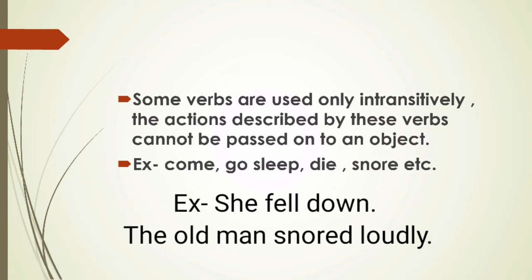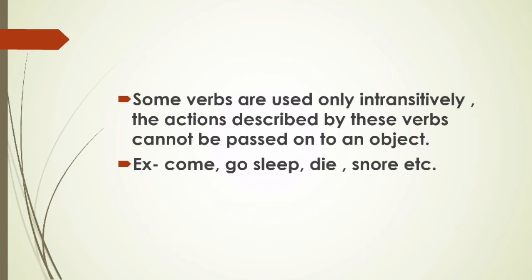Next: The old man snored loudly. In this again, the old man is the doer, but there is no object. So snored is an intransitive verb because it is not having an object with it, and the action isn't passing from doer to object because there is no object. So these are intransitive verbs.